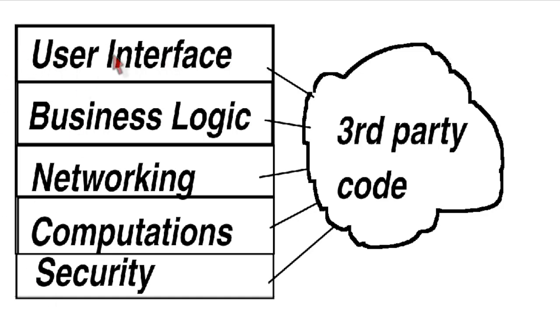The user interface is what you see, the visual stuff, followed by the business logic, which is what makes it work. We're swapping this, we're sending that, we're receiving this. Networking, because we have to access the blockchain networks. Computations, because we have to handle the private keys, derive the addresses, do math. And then security.